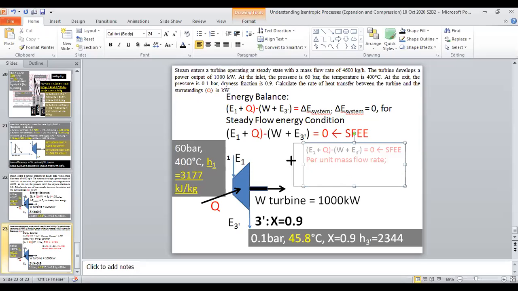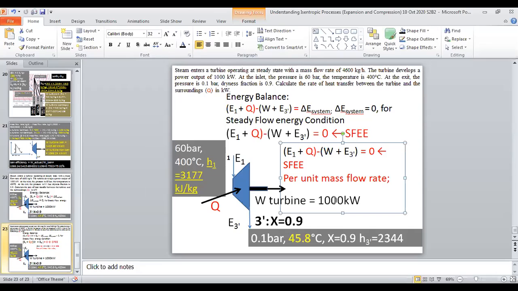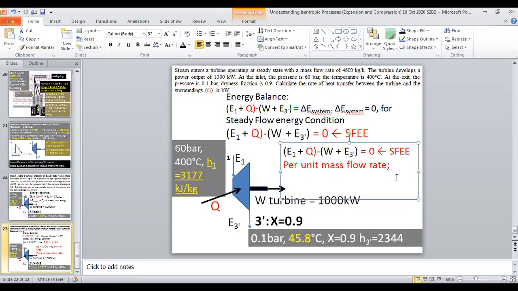I will write this per unit mass flow rate.